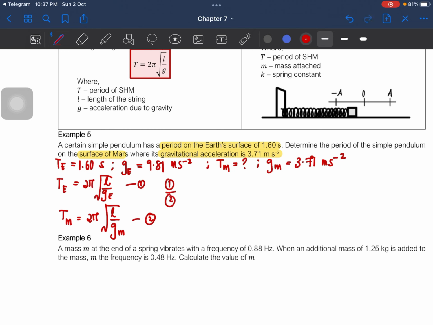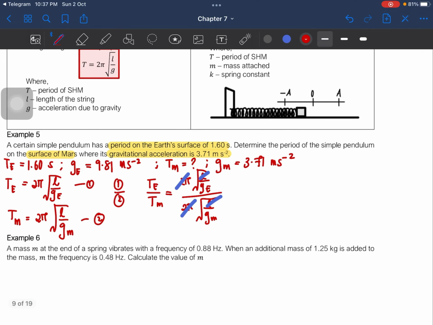So this will be T of Earth over T of Mars, which is 2 pi square root of L over g Earth, over 2 pi square root of L over g Mars. From here we can cancel a few things, which is 2 pi, and L can also be cancelled.